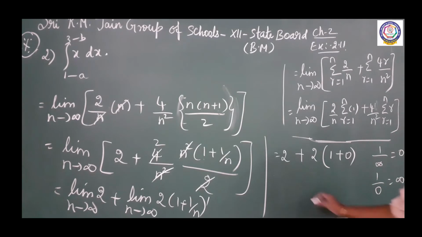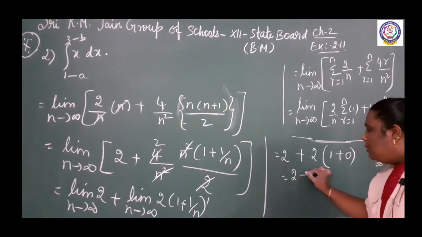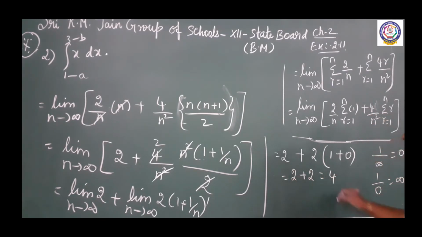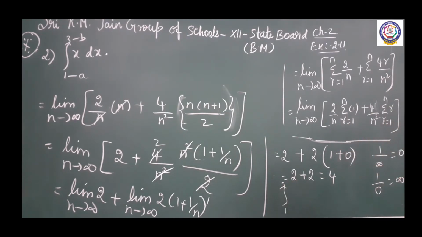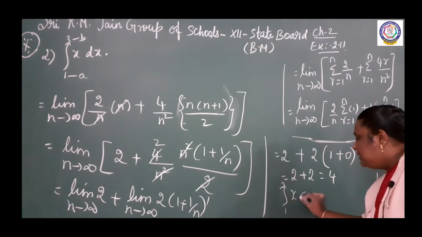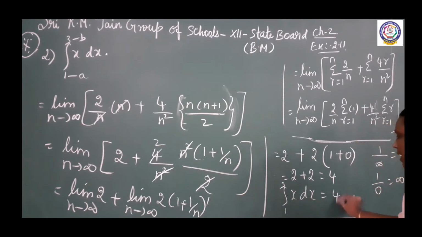So what is the value for this? 2 plus 2, the value is equal to 4. So integral 1 to 3 of x dx equals 4. This is the limit as the sum.